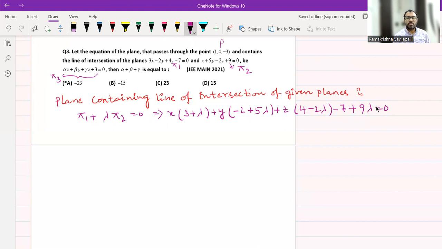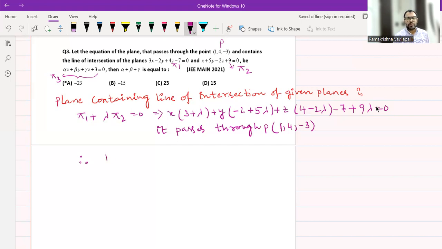Right. So now it passes through (1, 4, -3). So this plane passes through this point P. Therefore, substituting this point in the above plane, the x coordinate is 1.